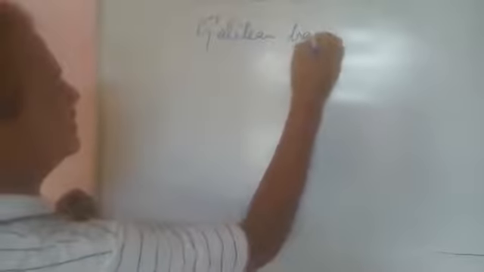Galilean transformation equations. Suppose what was our equations? This is the frame S, observer O. Another frame, this is S dash, observer O dash.